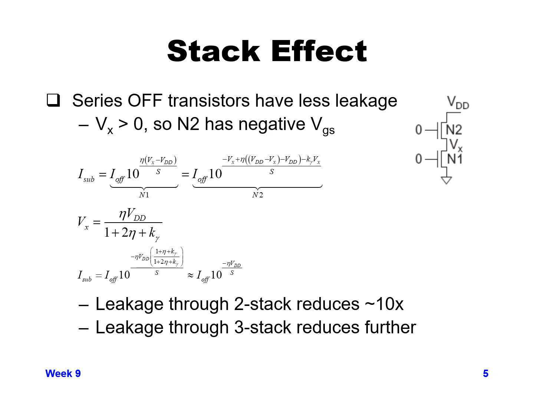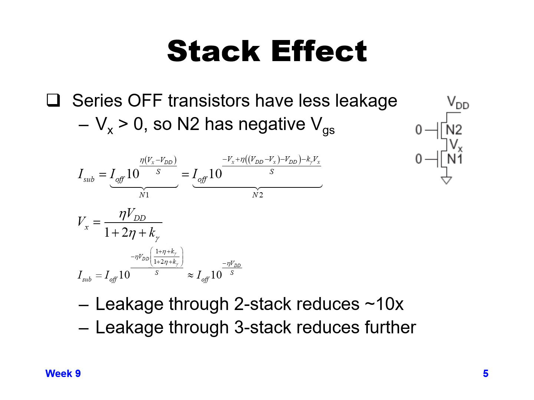So its VGS is now going negative instead of being 0. I'm not going to go through the full equations, but because VGS is going negative, you get a dramatic decrease in the amount of current through the N2 device, more so than the amount of leakage through the N1 device.